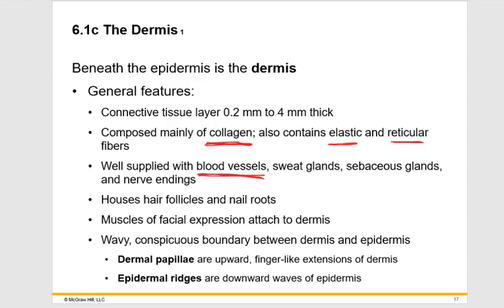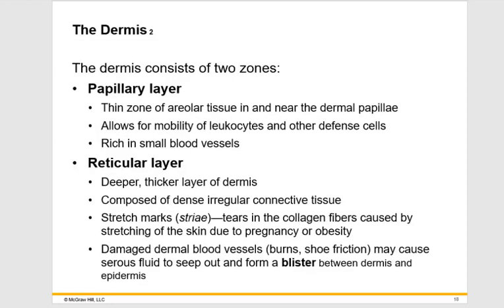Different types of glands. This is where our hair follicles will sit, but remember the hair follicles are an extension of the epithelial tissue. The dermal papillae are the upward finger-like extensions of the dermis that protrude and push on the epidermis.